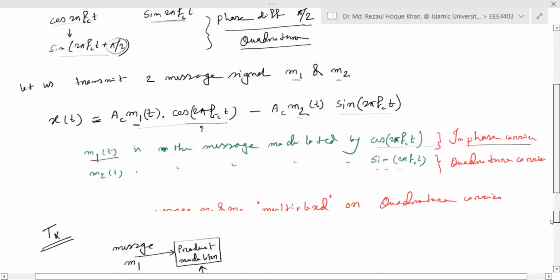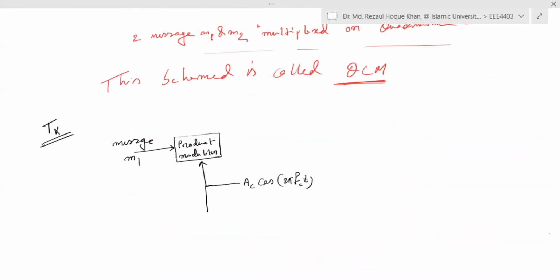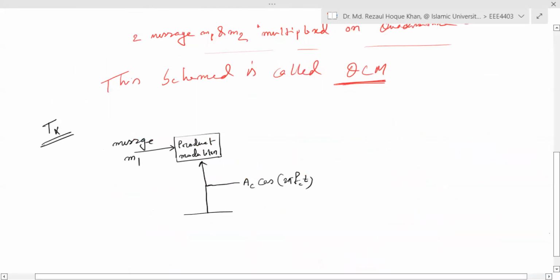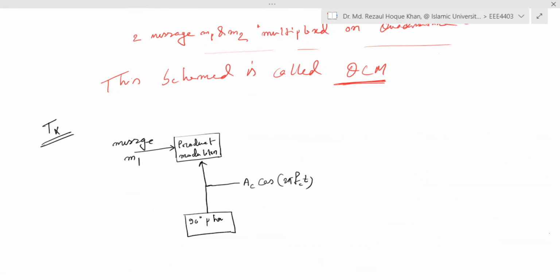So we will use a 90 degree phase shifter here to modulate the other message.